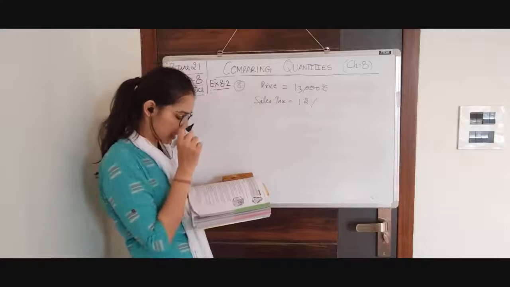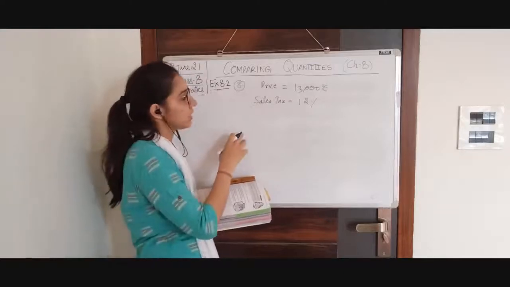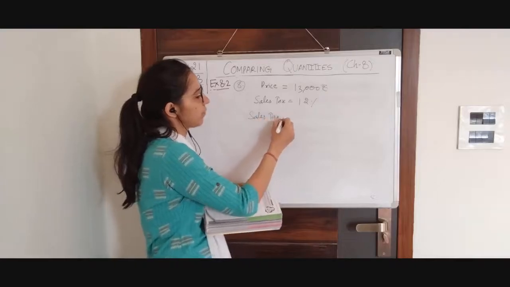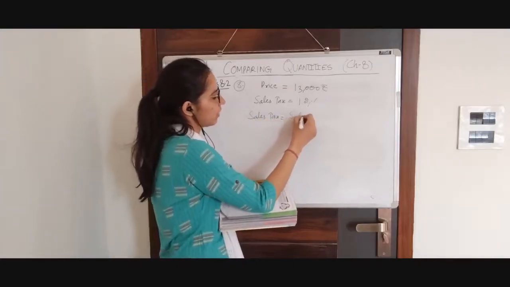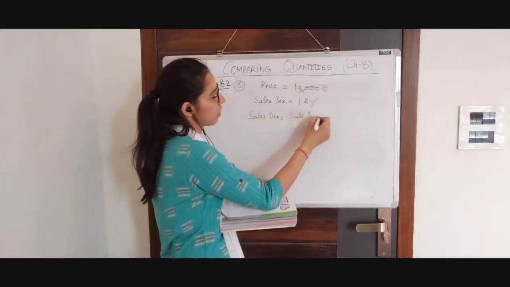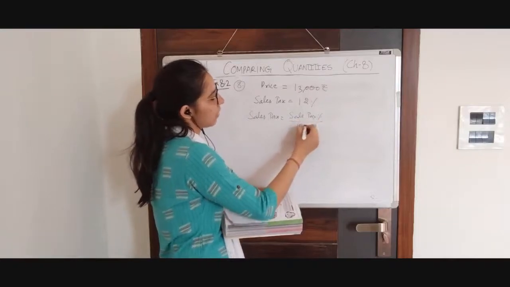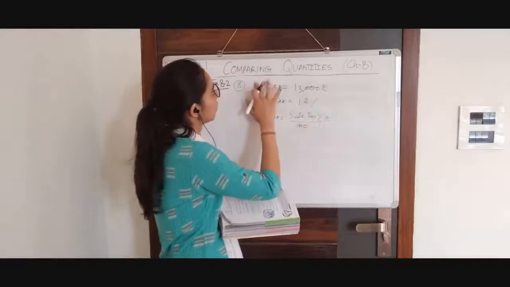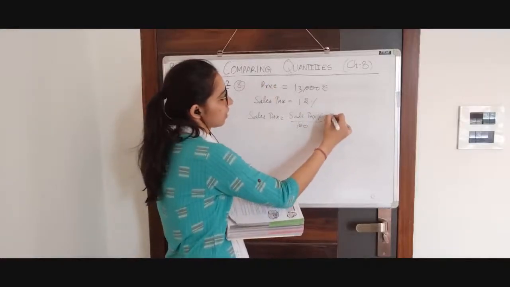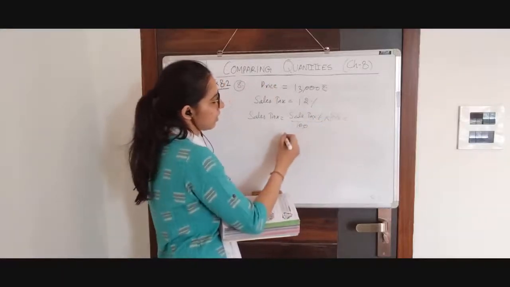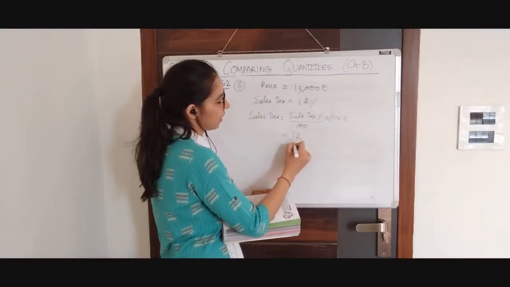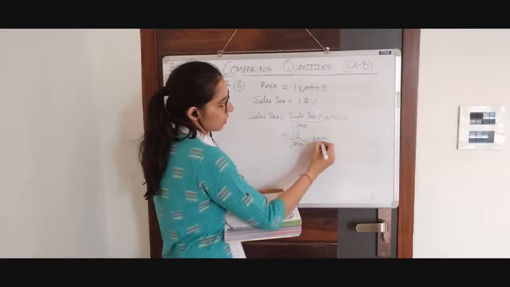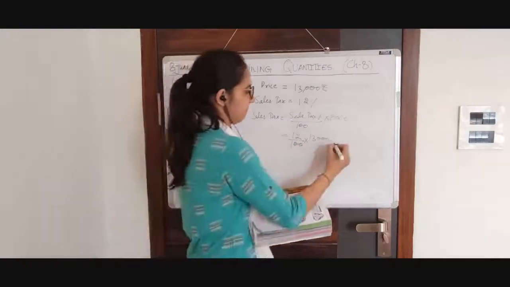So first we will find out sales tax in amount. Sales tax in amount will be sales tax percentage divided by 100 into your price. It will be 12 divided by 100 into 13,000.